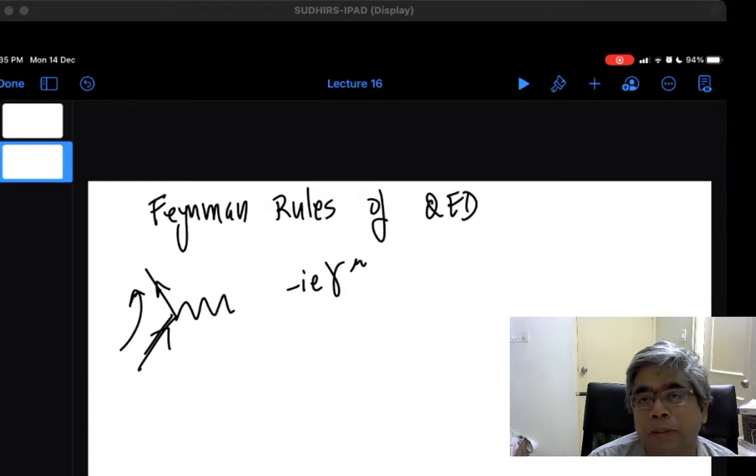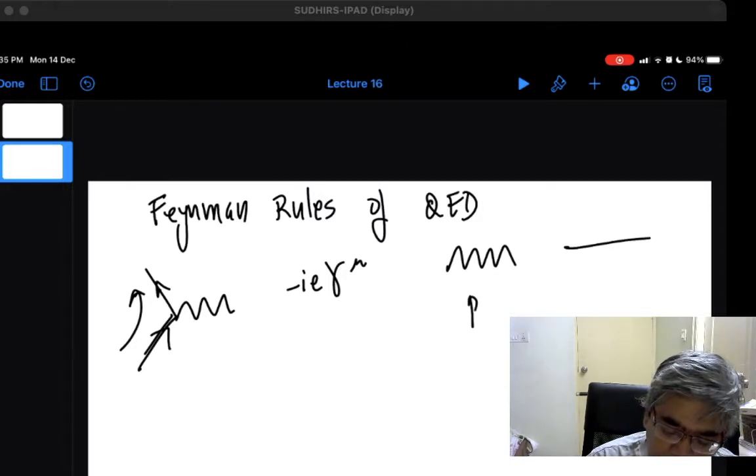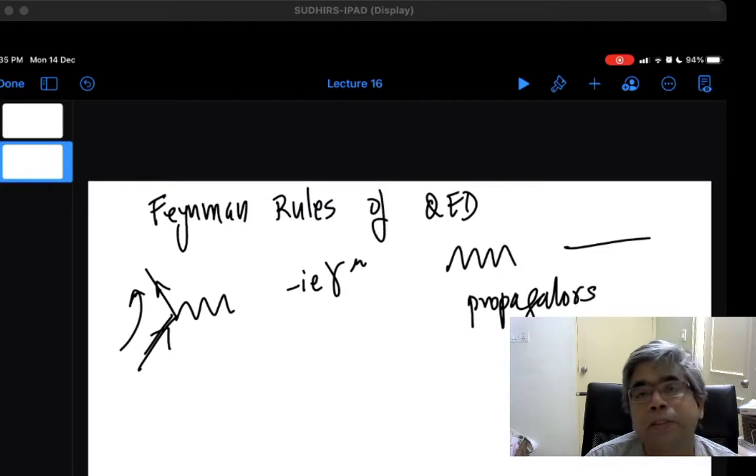These are the main set of propagators, and the initial and final states, for example the photon initial state and electron initial state. Diagrammatically they are exactly the same, so I'm not pushing anything about it.